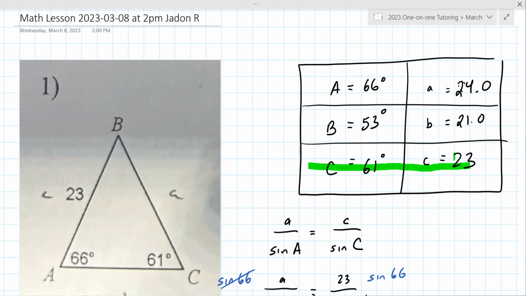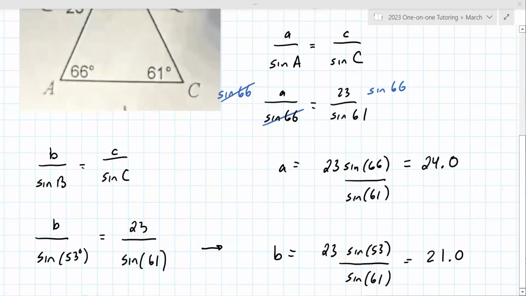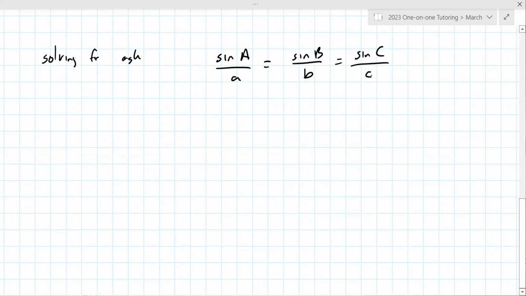So he does the same thing, except he puts the sines on the top. So instead it'd be sine over side. So it'd be sine A over a equals sine C over c. Right. The formula can be written a couple of ways. So if you're solving for an angle, then you would write sine A over a equals sine B over b, and then the last part is sine C over c.